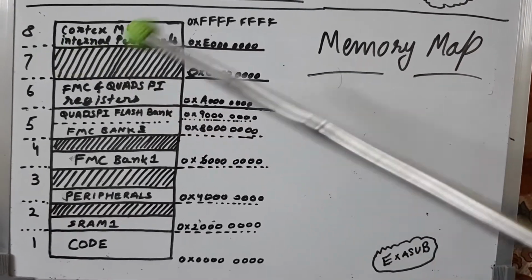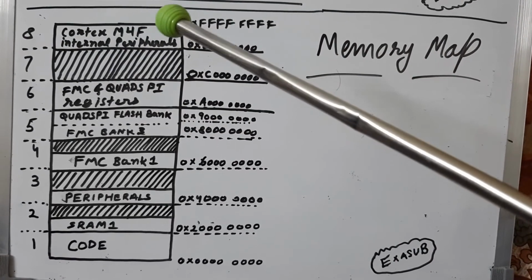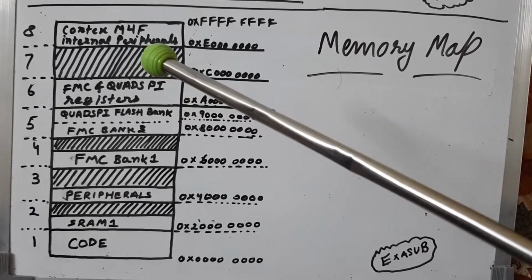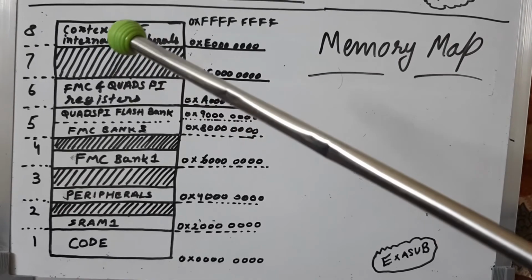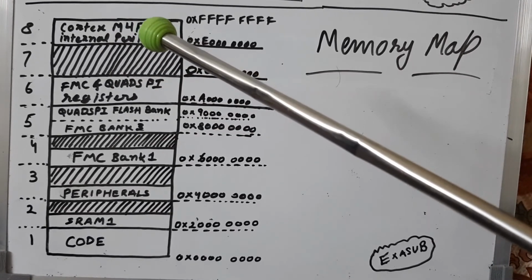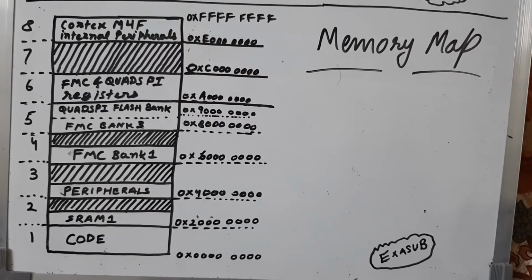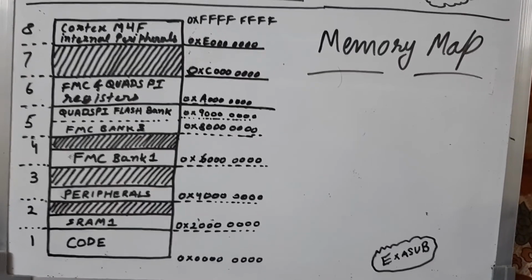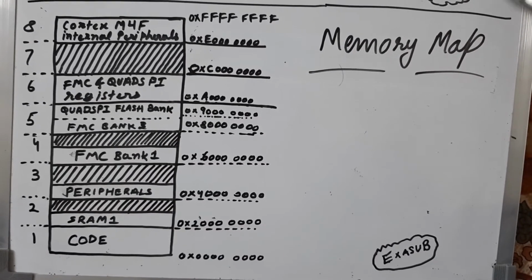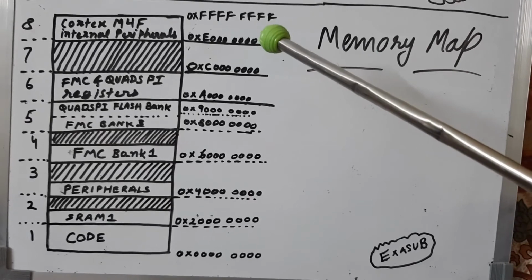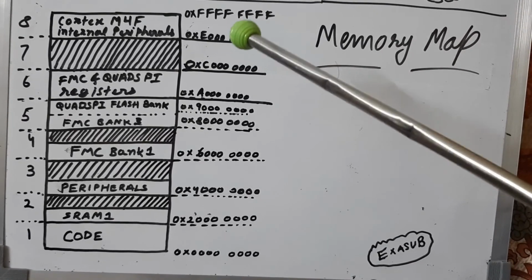Then we have our Cortex M4F internal peripherals, the APB and the buses, and all those registers are available in this section.